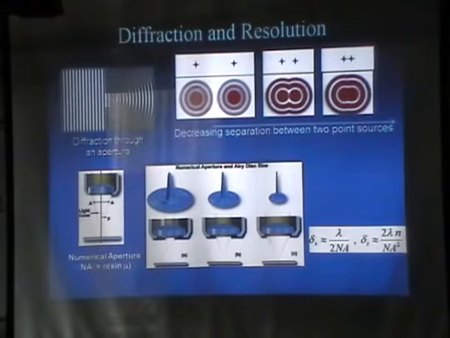So yesterday, Ivan and I think Paul also talked about this. If you plot these things and look at the width of the lobe, you can see that the resolution in the transverse direction depends on the wavelength divided by the numerical aperture.